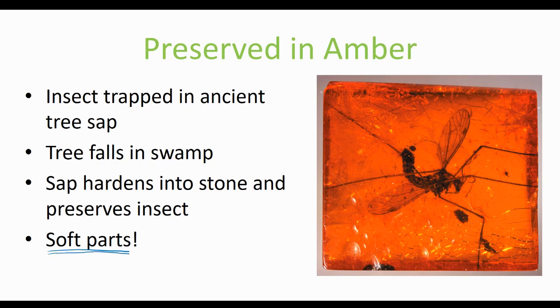You might remember, if you've seen the first Jurassic Park, that this is supposedly how they were able to get the dino DNA, because they found a mosquito that was trapped in amber that had some dino blood in it still.